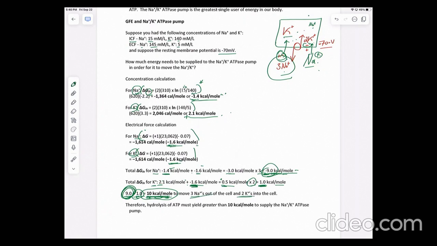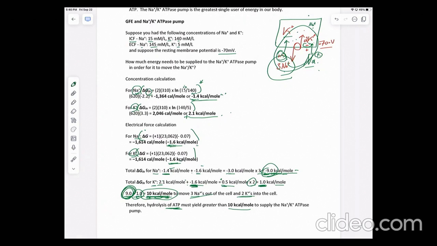So what that tells you then is that when I hydrolyze an ATP, 1 ATP molecule, I'm going to need more than 10 kilocalories per mole if that 1 ATP is going to spin that pump 1 time. So there you have it. So that's my minimum energy need.